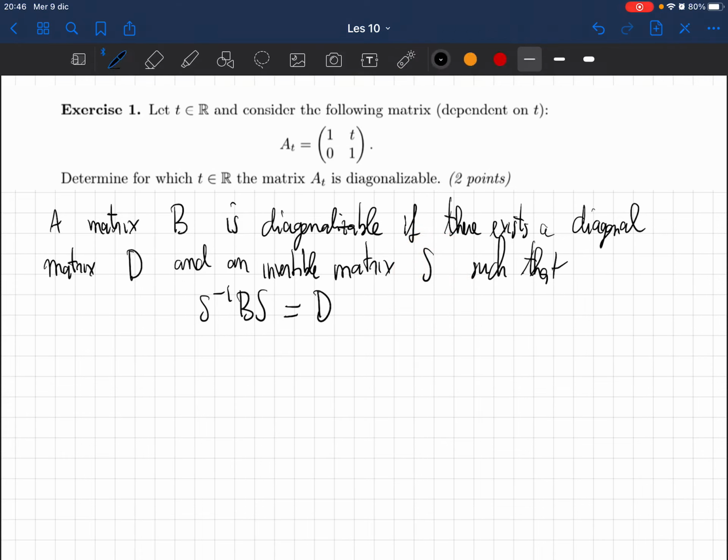Eigenvalues: we solve this polynomial equation.